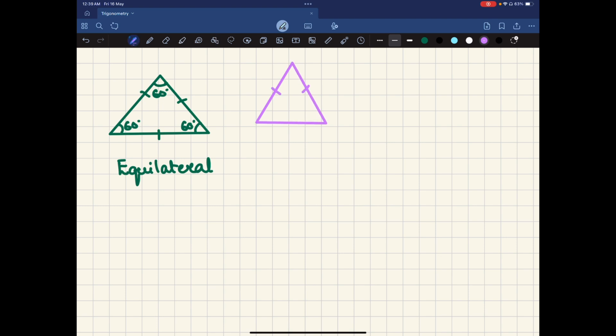Okay, so an isosceles triangle has two equal sides and therefore two equal angles, okay? And the third type is a scalene triangle with no equal side or equal angle. All sides and angles are different.